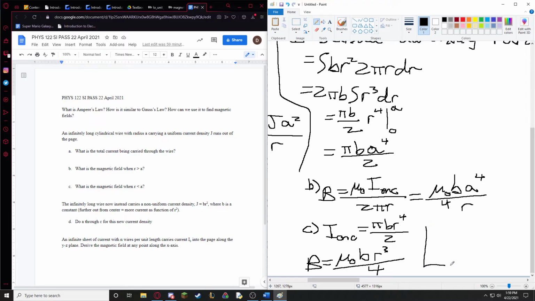So if we were to plot our magnetic field as a function of r, it's going to look like some sort of increase like this, and then a slow 1 over r decrease.